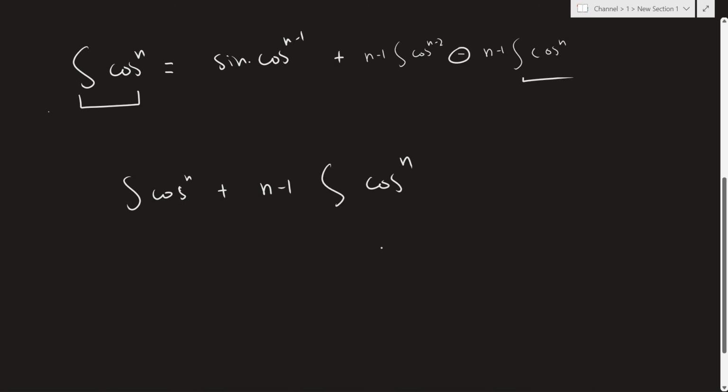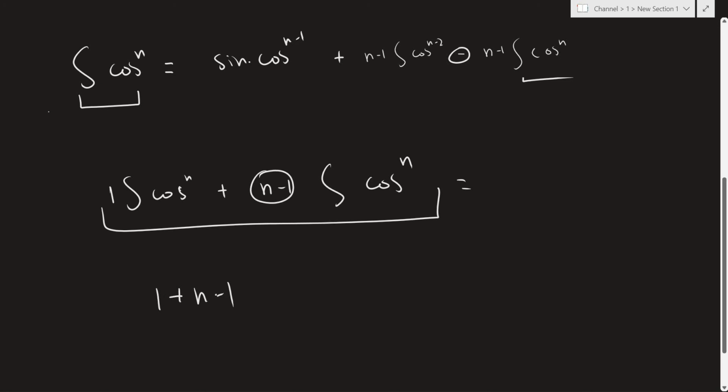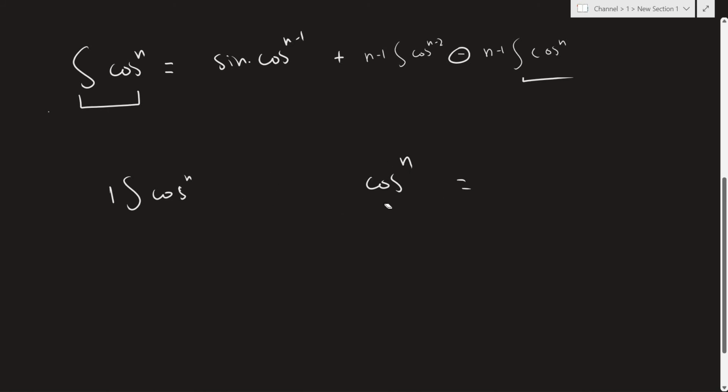The integral of cosine^n. Great. So in order to add these two together, we have a coefficient of 1 here and n minus 1 here. So it's going to be 1 plus n minus 1. So there's 1 and minus 1. We can cancel it. So what remains is n. So we can delete all this and replace 1 by n.